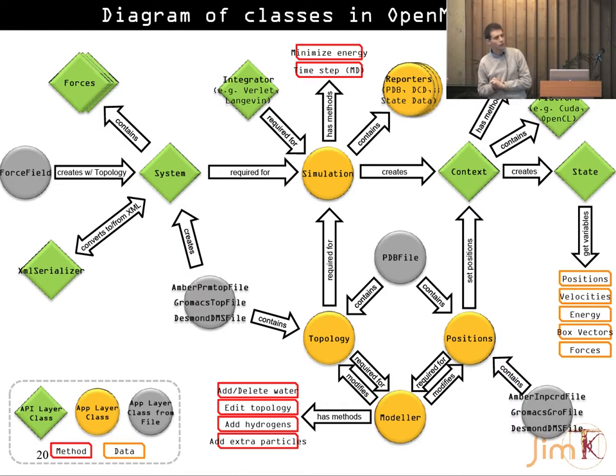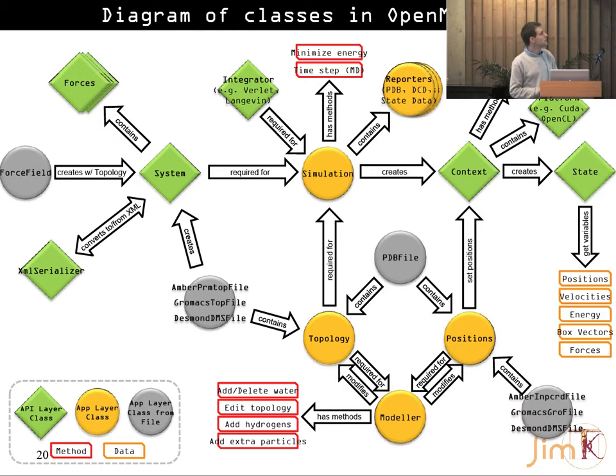It's a lot of arrows and things pointing all over the place, but it does present a lot of information really compactly. You can get this diagram if you just go to the OpenMM website and click on the Documents link of the sidebar, and this diagram is there that you can download. And it just shows, for example, the system class.